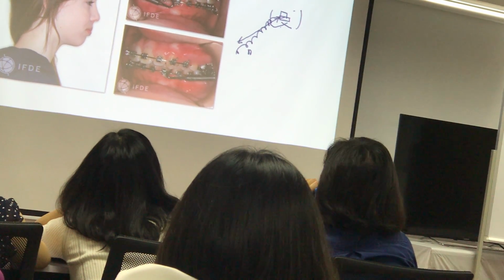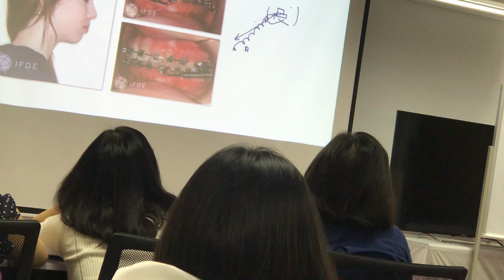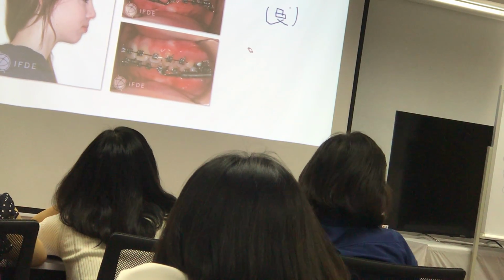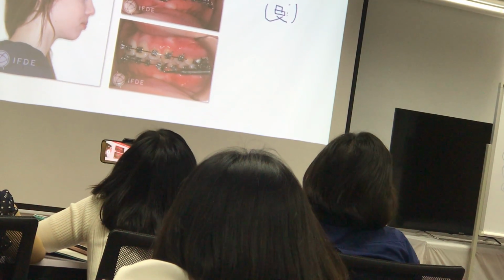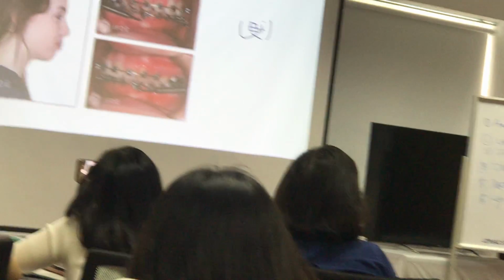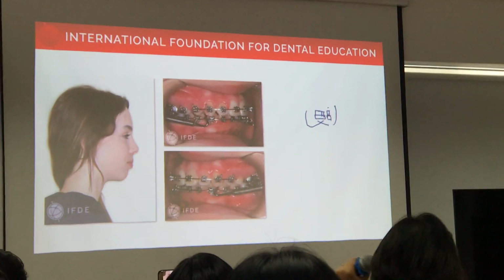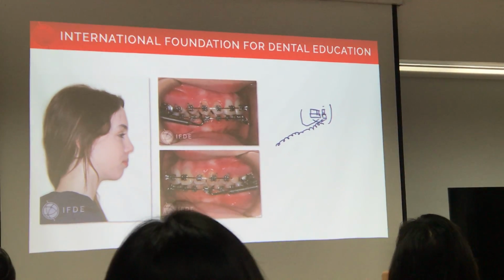It depends on the force system you want. You want more vertical, you go mesial. He said it depends, so we can place it either mesially or distally. The more we shift mesially, the more vertical force we get, and the more we shift distally, the more horizontal force we get. If you want less vertical, you put it this way.